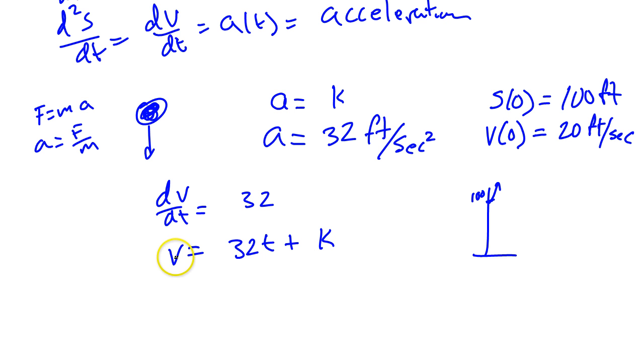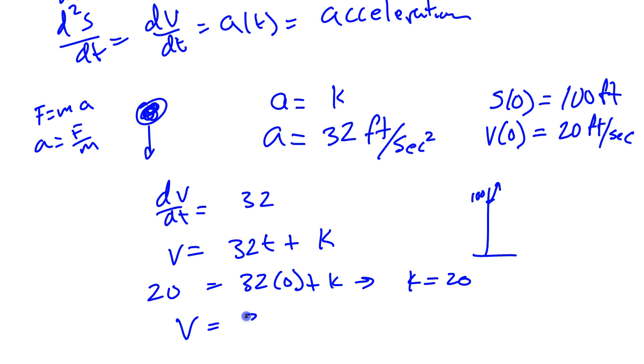Well, what constant? This is where I use my initial condition. I know that the velocity is 20 when I plug a 0 in for t. And that would tell me that k is equal to 20. So my velocity now is 32t plus 20.